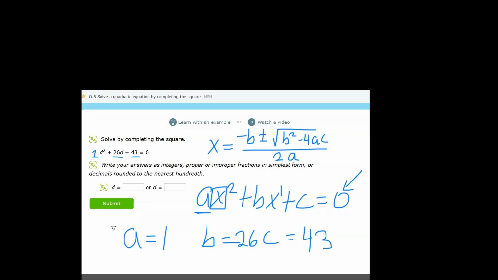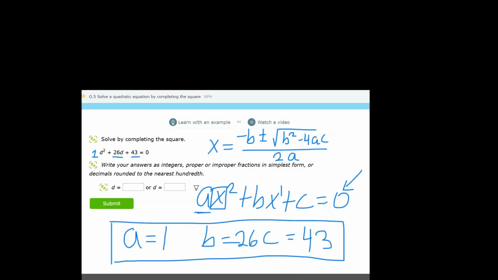The first step is identifying your a, b, and c, which we have already done. In some cases, when you use the quadratic formula, you'll get two different solutions, and sometimes you'll get the same solution twice.